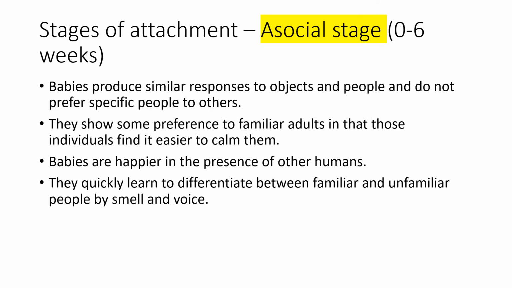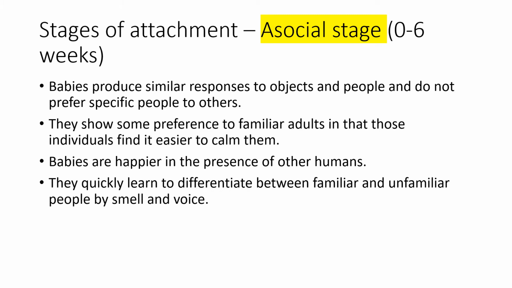Now we'll look at the stages of attachment. These were put forward by Schaffer and Emerson, who proposed them based on their research. So there are 4 stages, and our first stage is the asocial stage. Now this happens between 0 to 6 weeks. Babies in this stage produce similar responses to objects and people, and they do not prefer specific people to others.